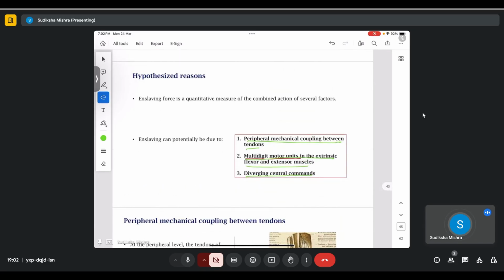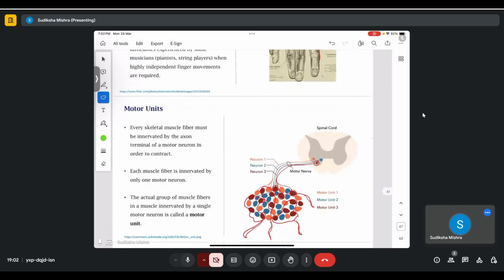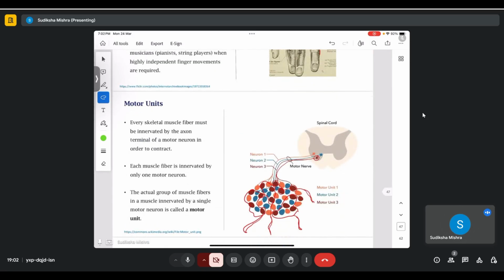Coming to the second reason, which is multi-digit motor units in the extrinsic flexor and extensor muscles. What does muscle motor unit mean? A motor unit is essentially the neuron that arises from the spinal cord and goes to supply the region of interest.